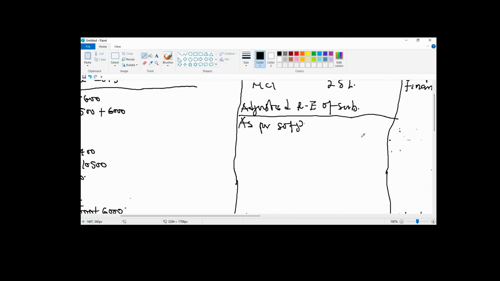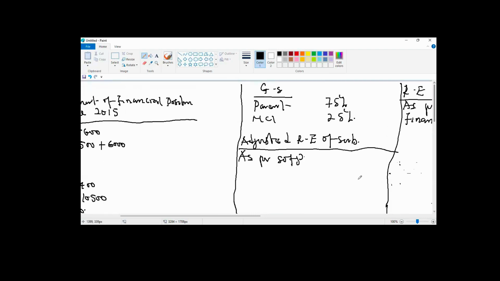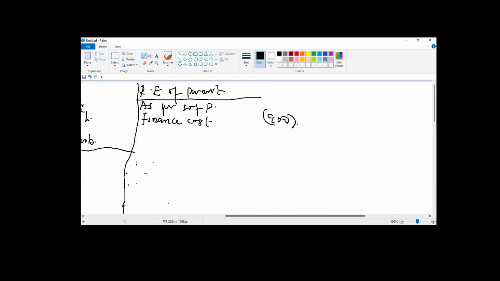As per SOFP, what is the return of the parent and that of the subsidiary? Parent and subsidiary, let's fill in the gap.